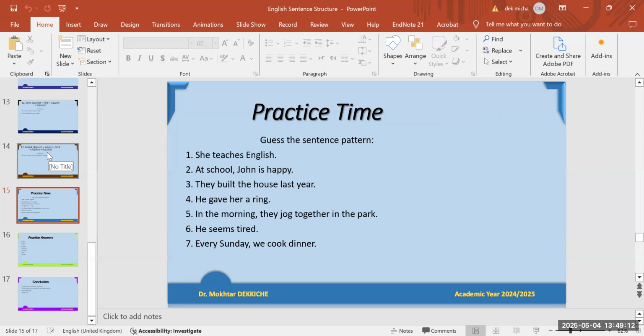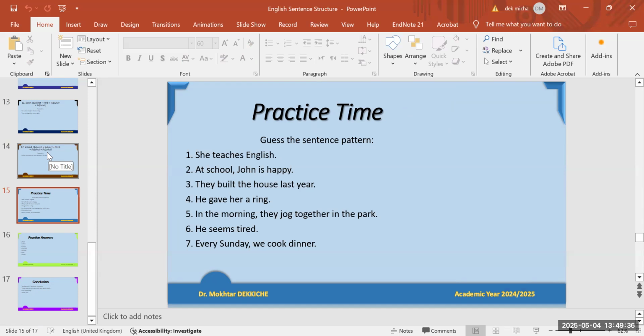First one, she teaches English. Second one, at school, John is happy. They built the house last year. He gave her a ring. In the morning, they jog together in the park. He seems tired.